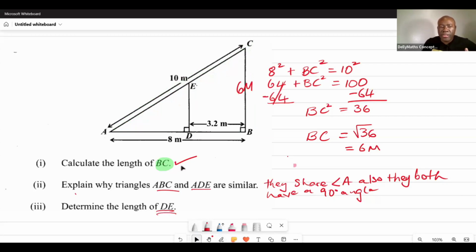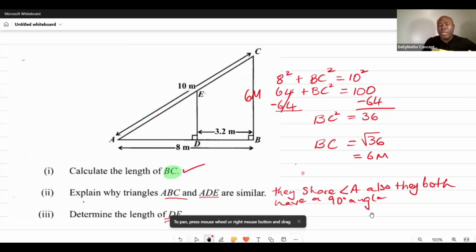Now, when triangles are similar, their sides are proportional. Not only that, corresponding sides are proportional, which means that we could set up an equation. If I extract these two triangles, there is the bigger one, A, B, C, and the measurements are as follows: this is 8, this is 6, and this is 10.